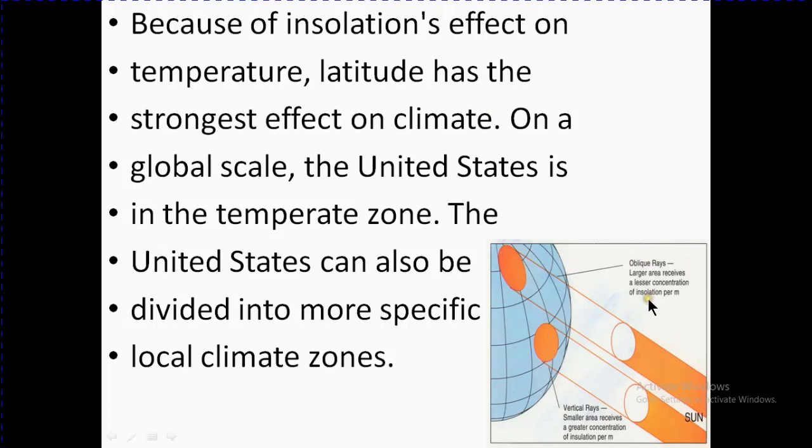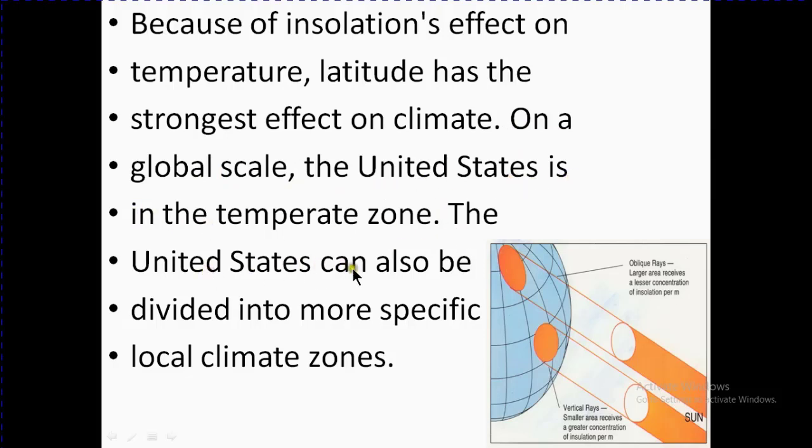Because where the sun's rays fall more, the temperature should be more, and where the sun's rays falling on an area are less, there is less effect compared to the other side. The heat that transfers more warms the surface more as compared to the other side.